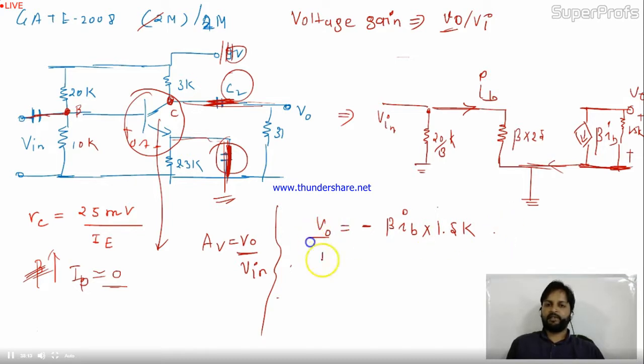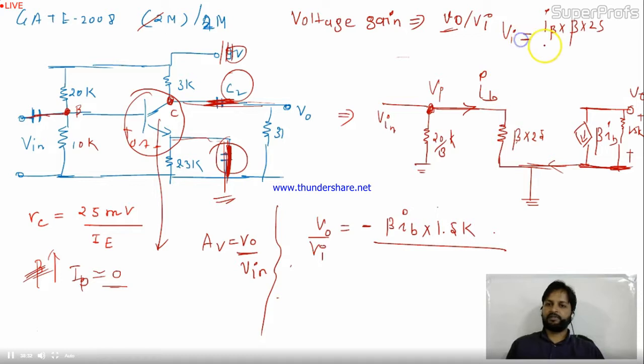Now we'll divide by VI. What is VI? Again, we'll start with VI and go to the ground. So VI minus IB into beta into 25, and this is ground. Everything is over.